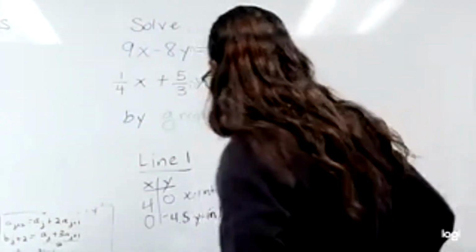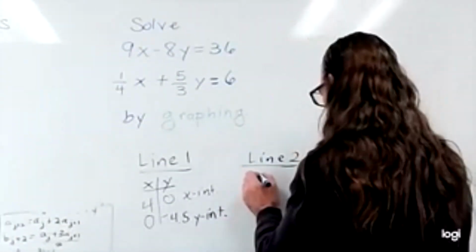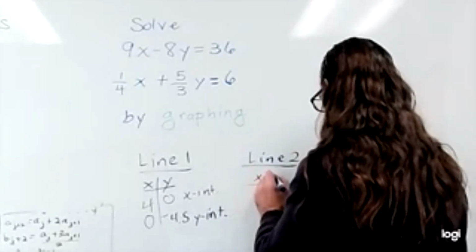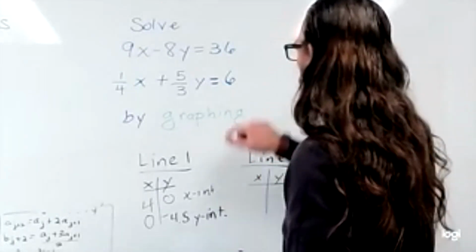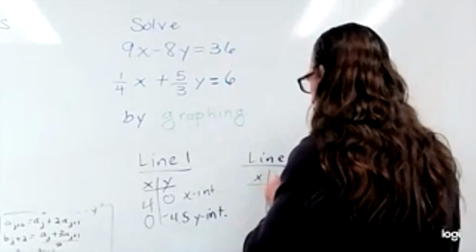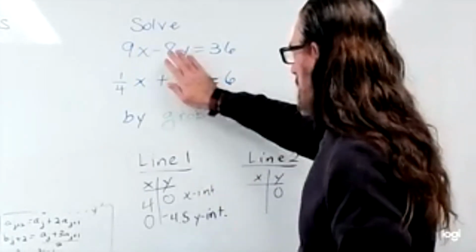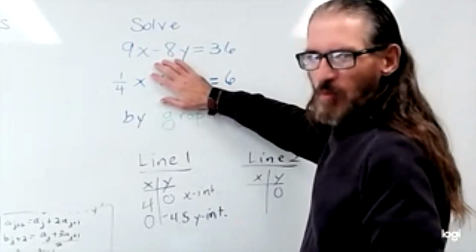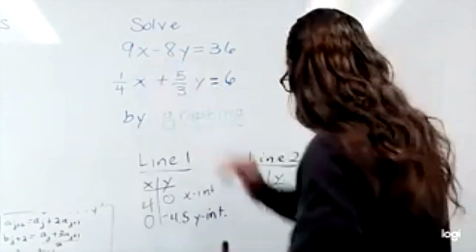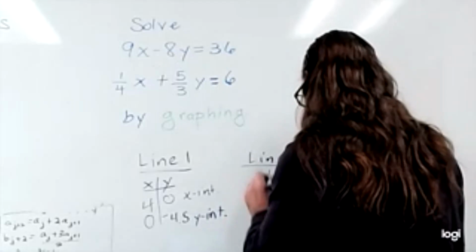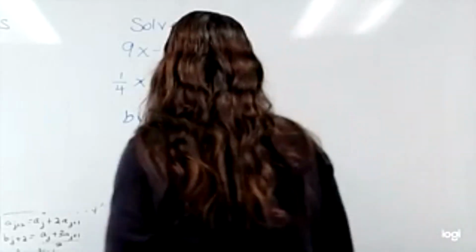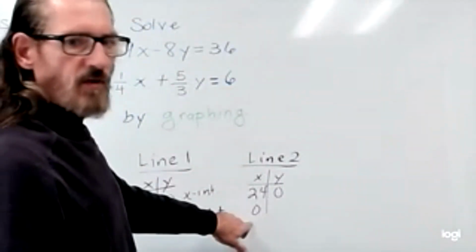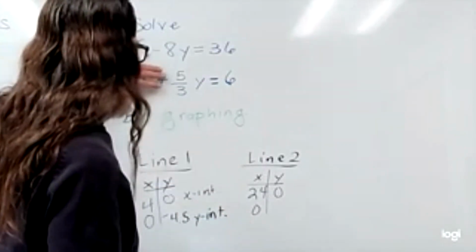Not as nice for line 2. Putting in 0 for Y, we're going to be dividing 6 by 1/4, which is the same as multiplying 6 by 4. And then 0 plugged in for X to find the Y-intercept.